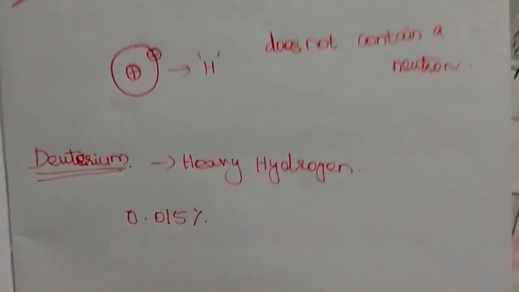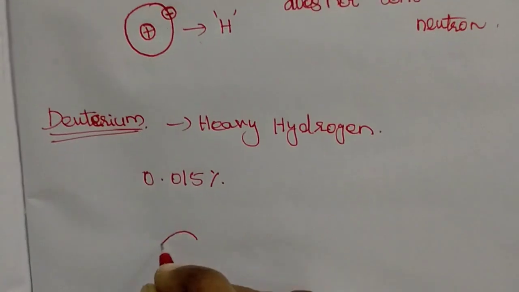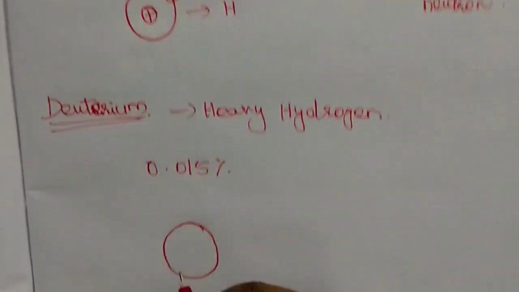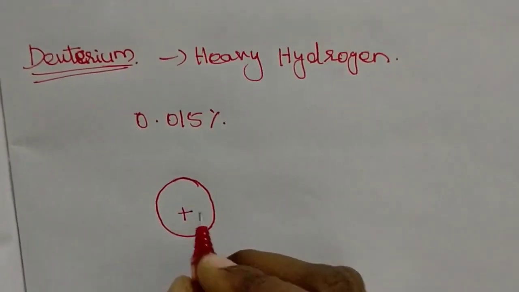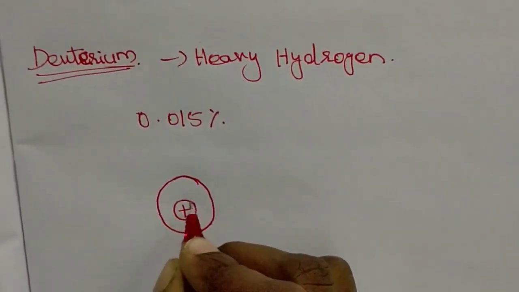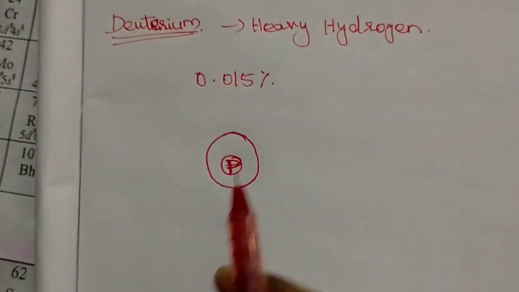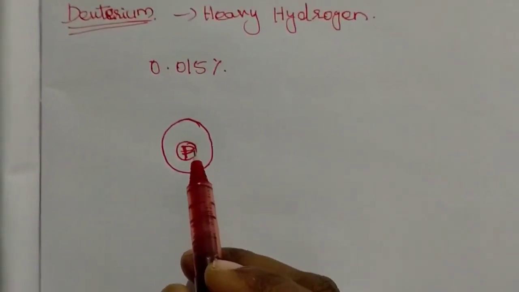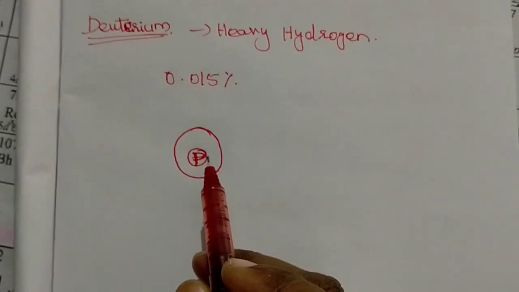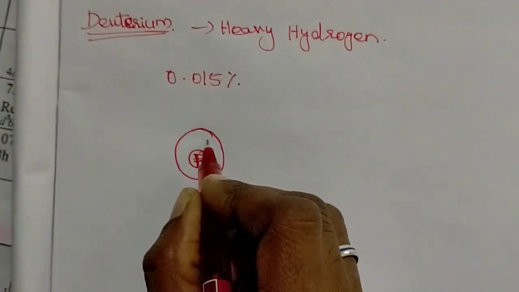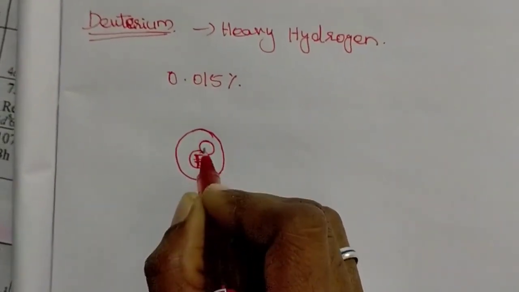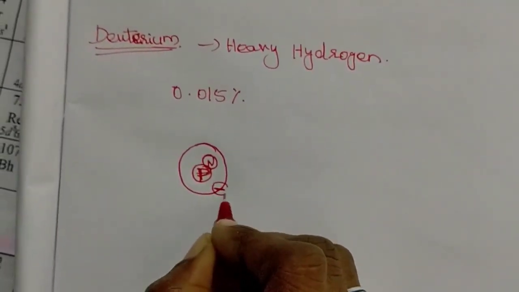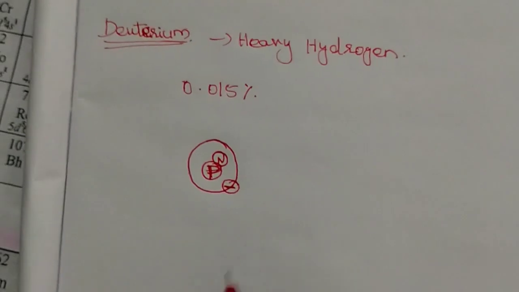The structure of deuterium is: in the nucleus it contains one proton and one neutron, and in the orbit it contains one electron.